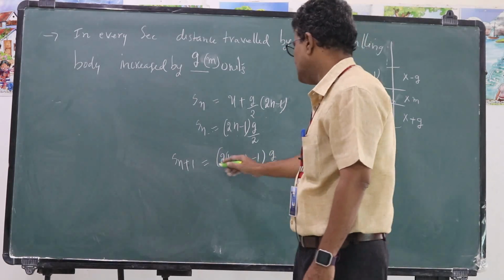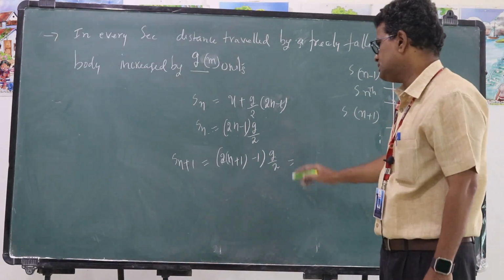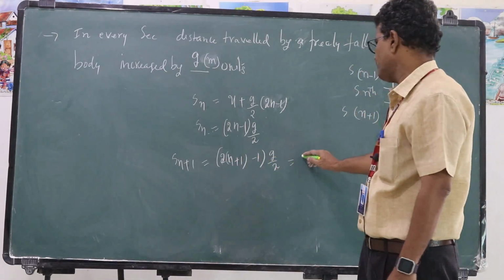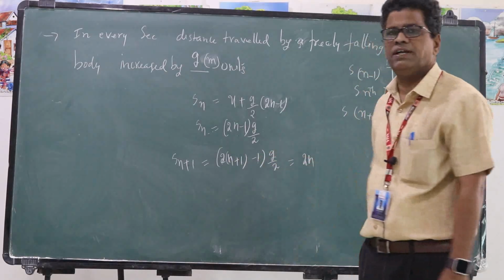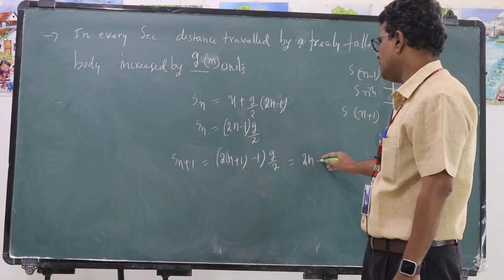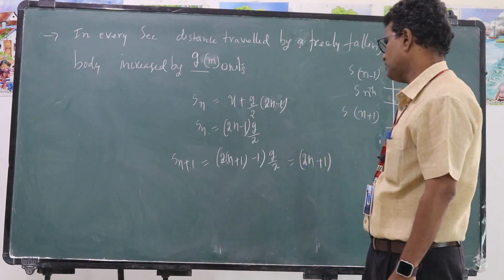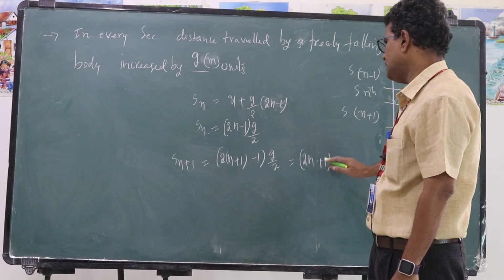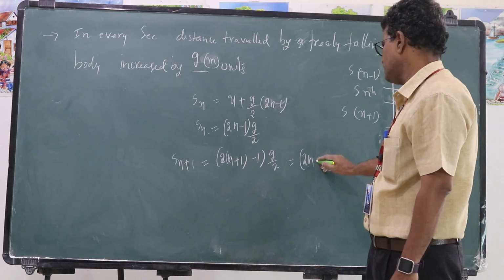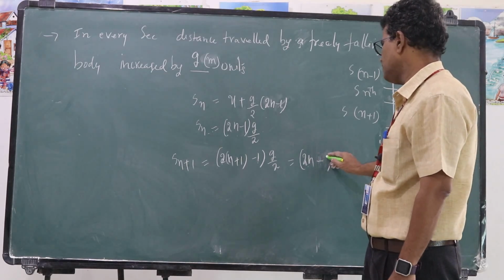So what will you get? That is 2n plus 2 minus 1, which is 2n plus 1.